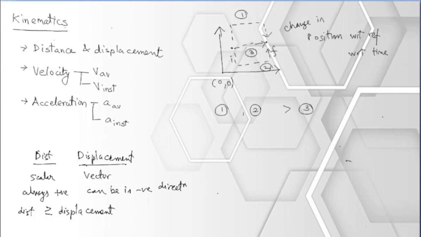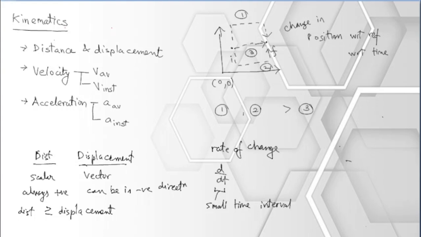Now then, summarizing, we also had a concept of rate of change, d by dt, where dt is a small time interval.